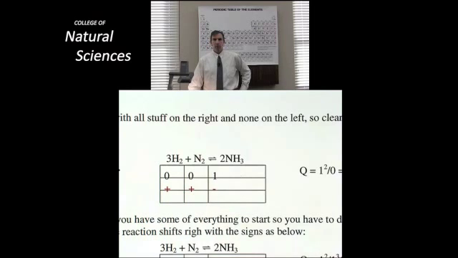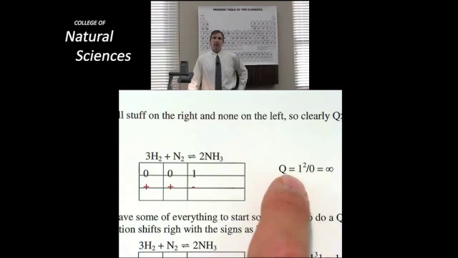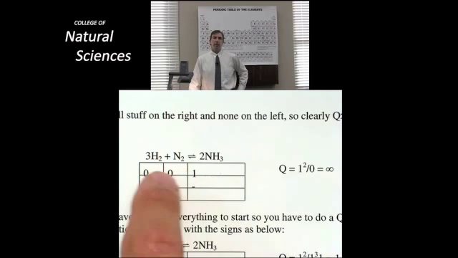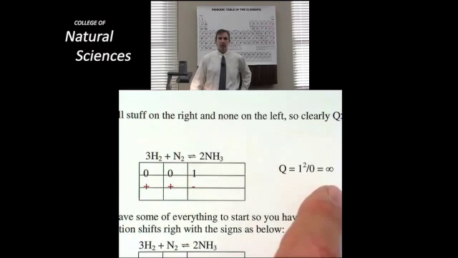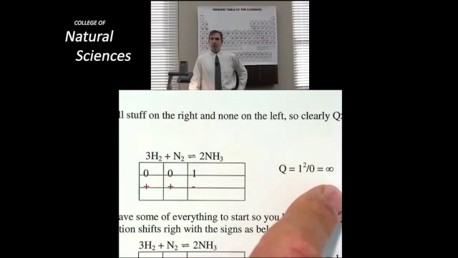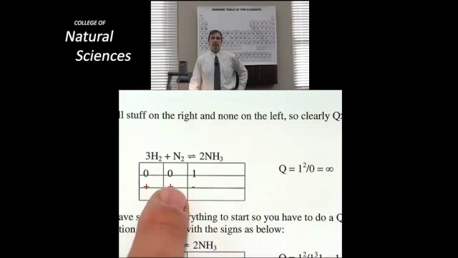But I can do a Q versus K calculation that will show me the same thing. In this particular case, Q would be 1 squared divided by 0 on the left-hand side. In other words, Q is infinity. It's a value larger than K, and because Q is greater than K, I know the reaction has to shift to the left. Negative value for the stuff on the right, positive values for the stuff on the left.